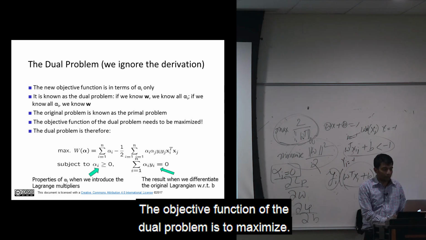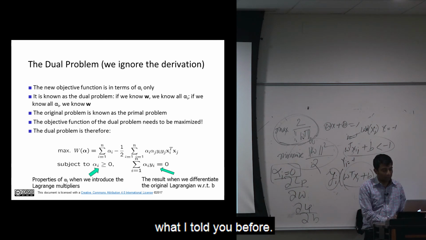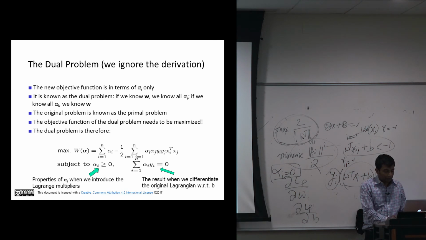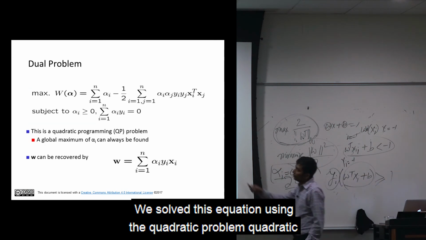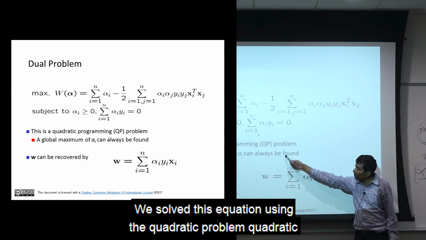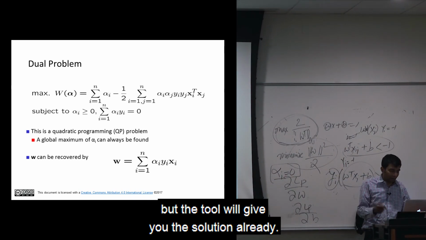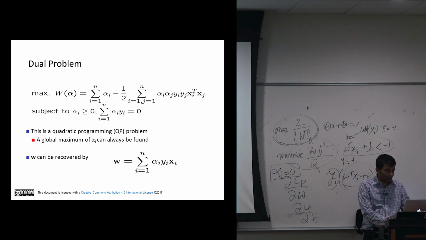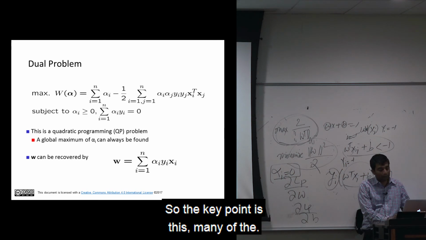The objective function of the dual problem needs to be maximized. So our goal is to solve this equation using quadratic programming. You don't need to know the details, because the tool will give you the solution already. And then from there, you can estimate the W.